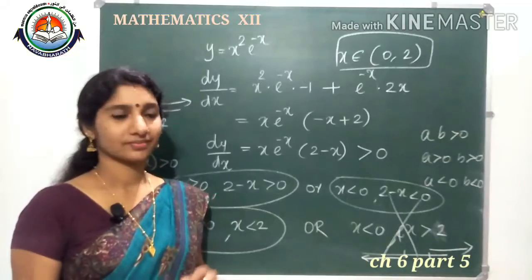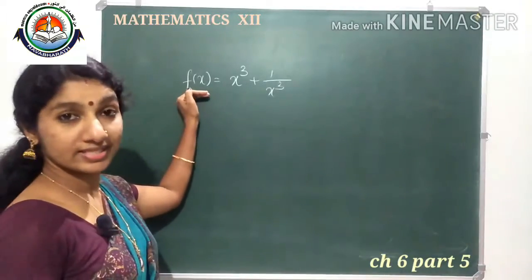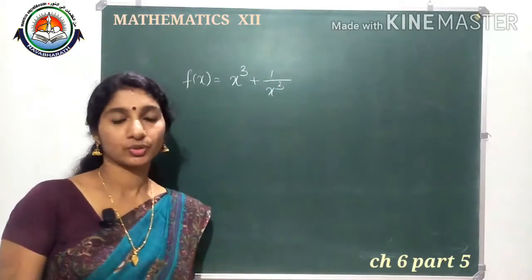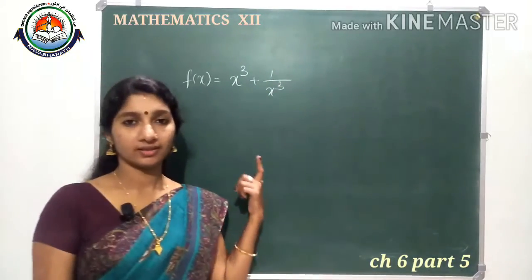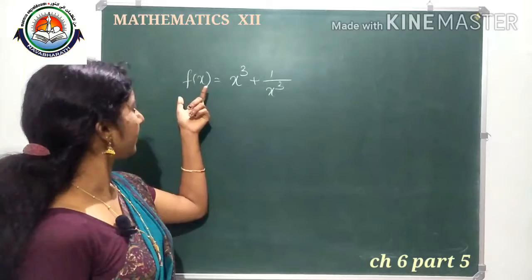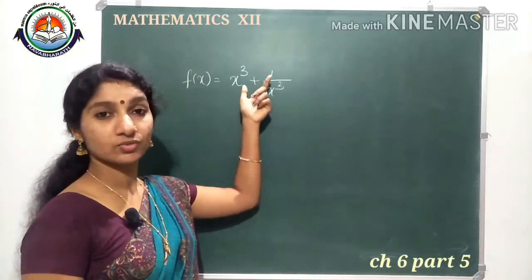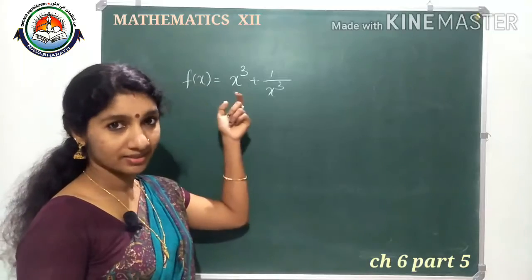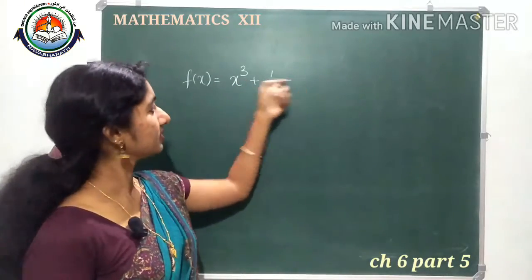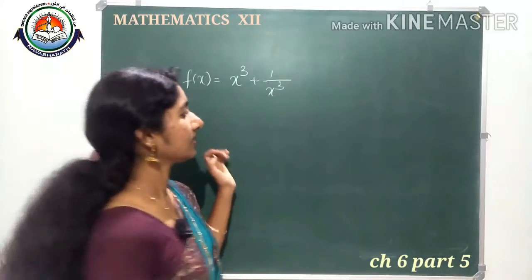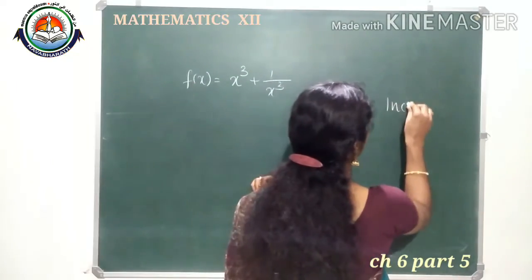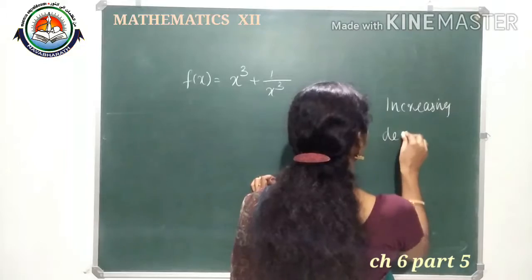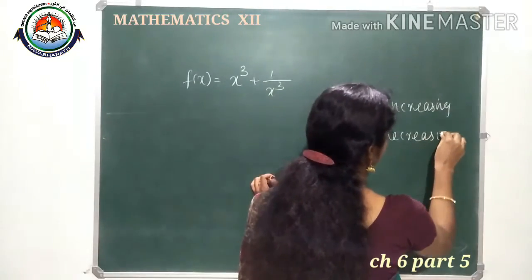Okay. One function f of x equal to x cube plus 1 by x cube. So, you need to write the question like this. Here function f of x equal to x cube plus 1 by x cube. Find the interval in which this function is increasing and in which interval it is decreasing.